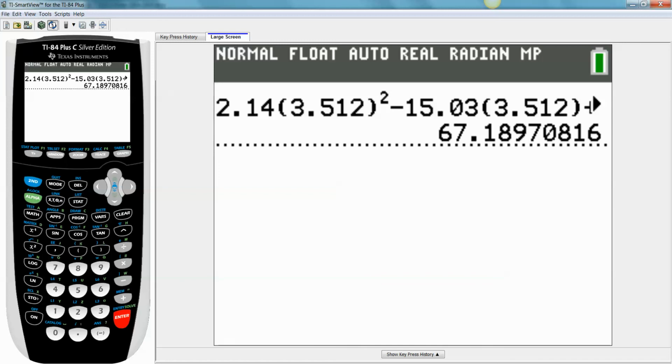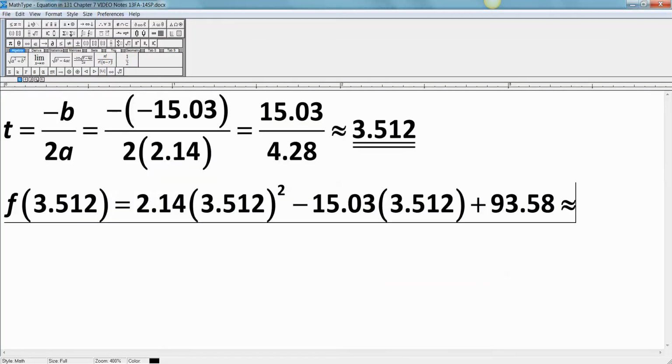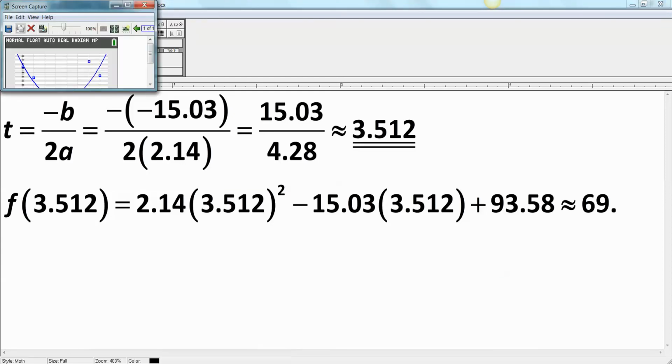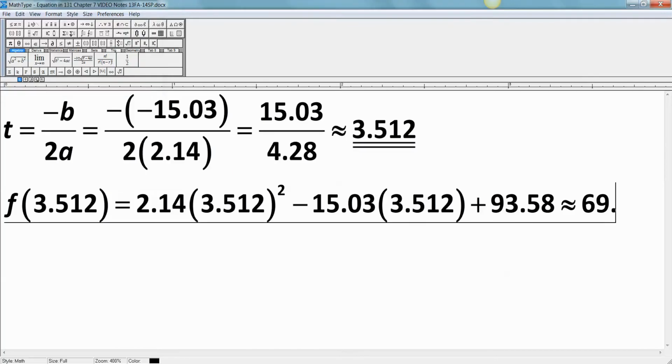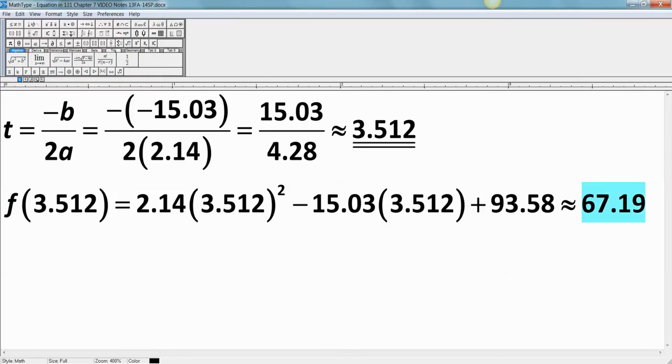And you get 67.1897, so 67.19. There it is, 67.19. All right, so there's the y for it.